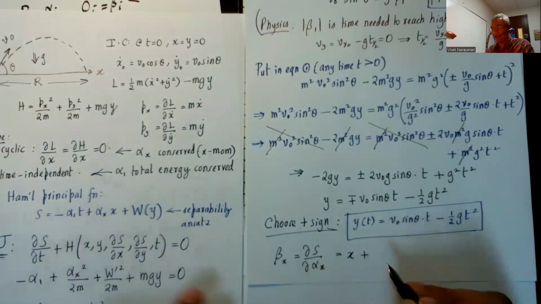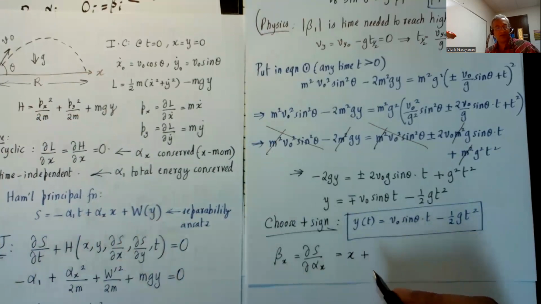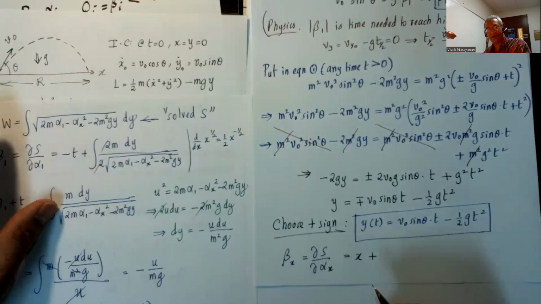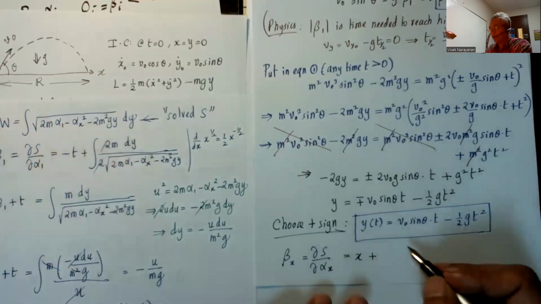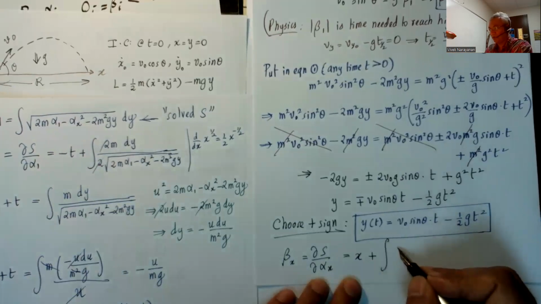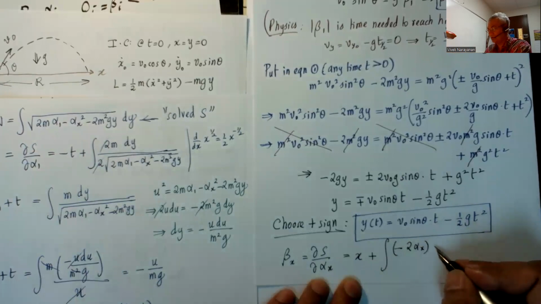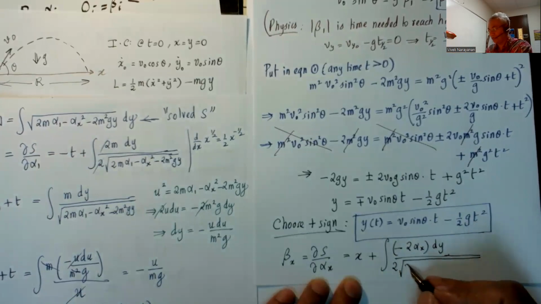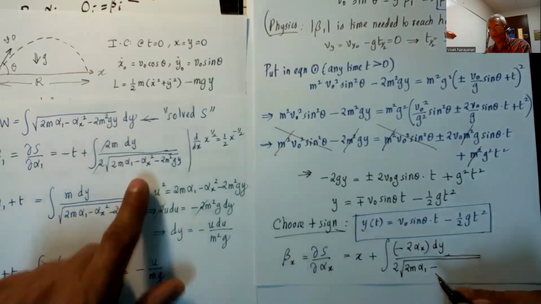And then again, I have to differentiate because W is equal to all of this. So I have to differentiate that with respect to alpha x this time. When I do that, I get the integral -2 alpha x when I do the chain rule, dy divided by the same thing with 2, just as we had for the other case, just as we had for this calculation here.